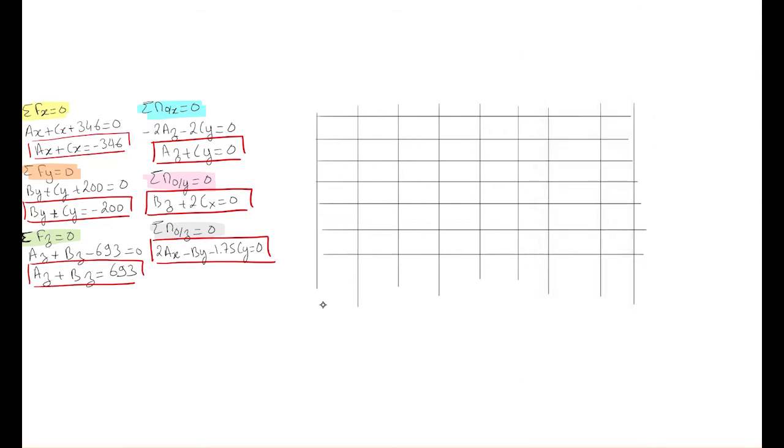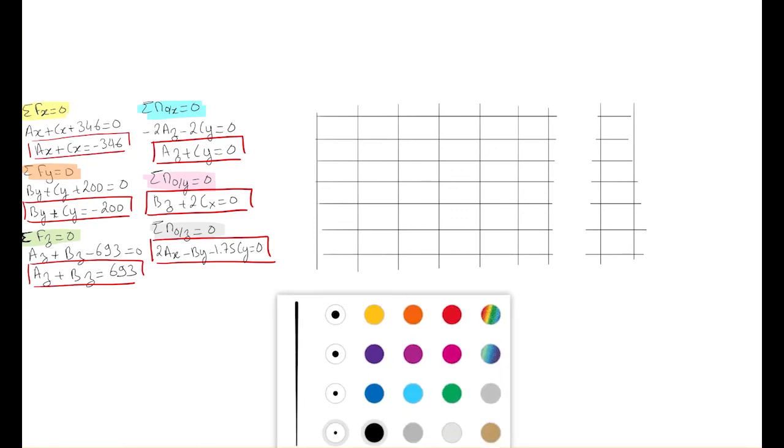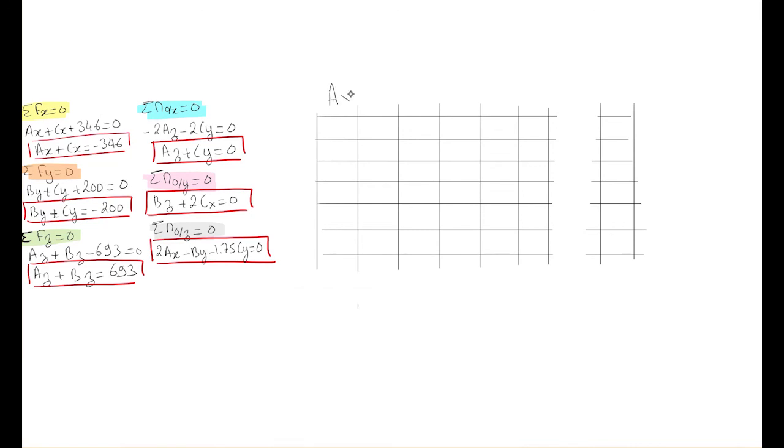Okay, let's clean this up a bit. I will put everything in front of AX, CX, BY, CY, AZ, and BZ, and there is everything. And I will invert this matrix and multiply by this one.